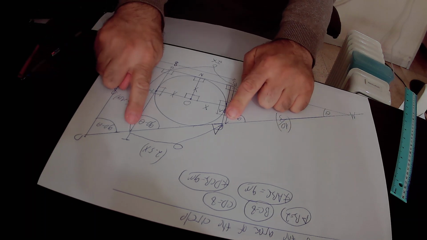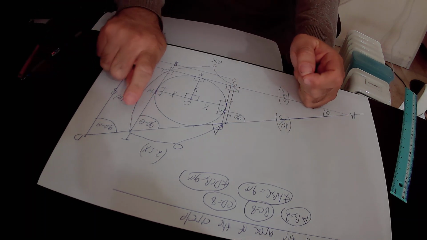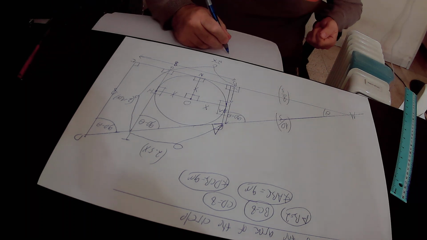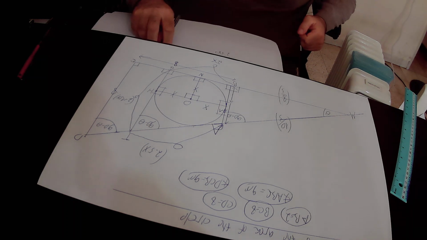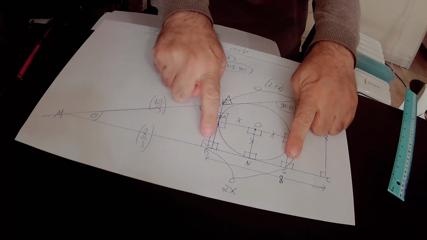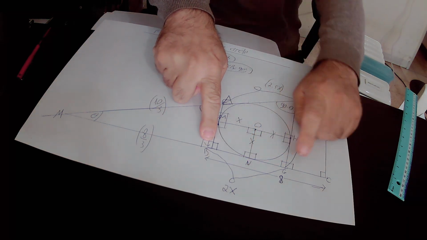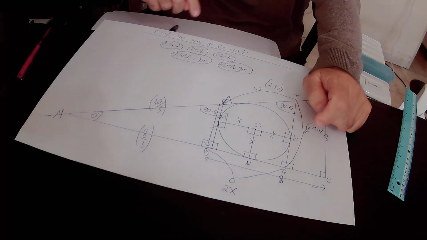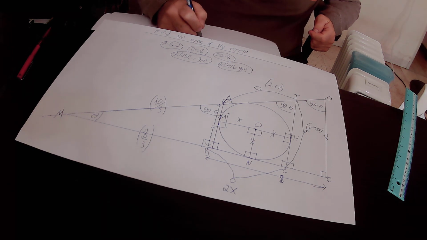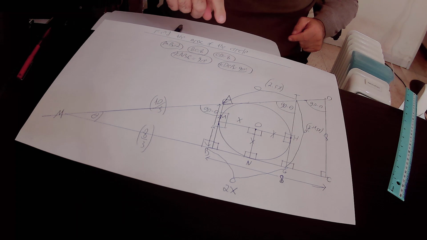Here AT equals 2.5x, so we substitute AT in the equation by 2.5x plus BG. BG equals 2x, so we substitute BG in the equation by 2x, and it is equal to AB.